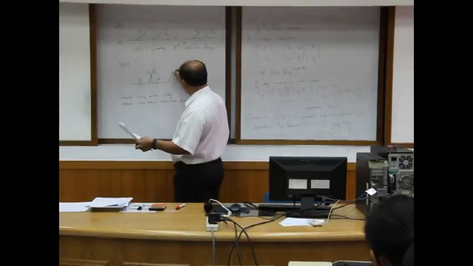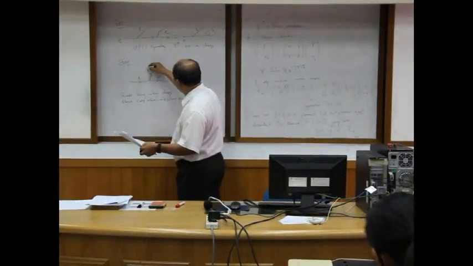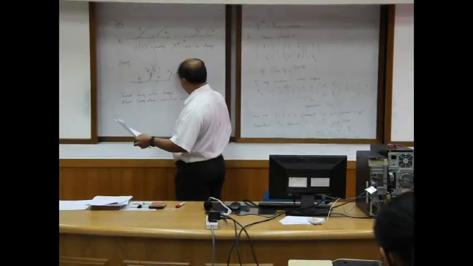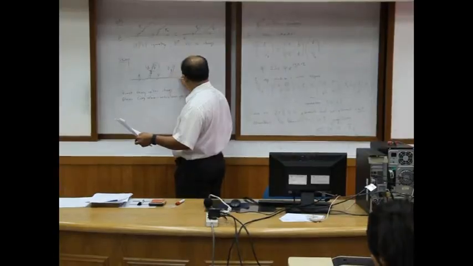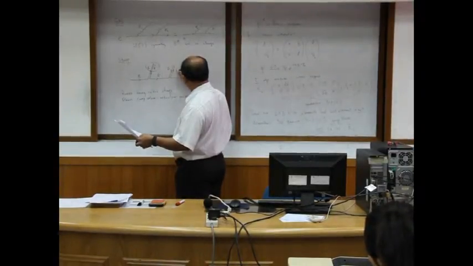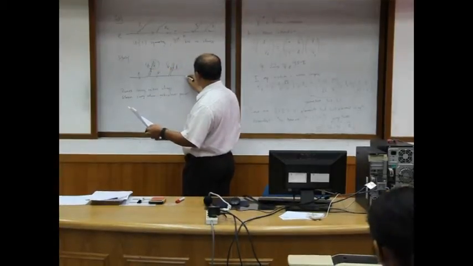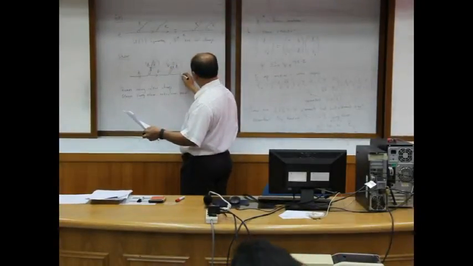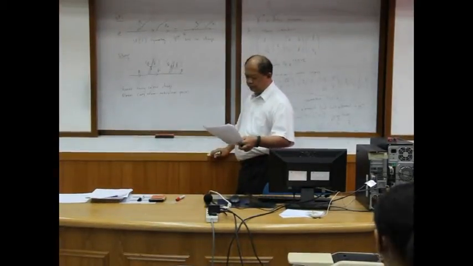And then it can emit a second gluon. So this is gluon 1. This is gluon 2, and here you have blue, okay, and so on.